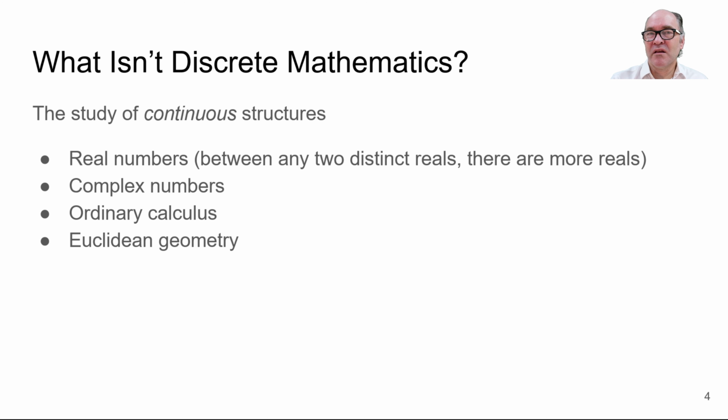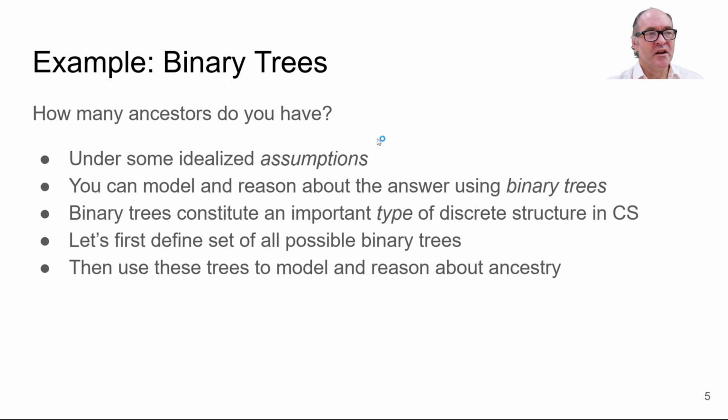And so ordinary calculus, most of algebra that you've studied in high school, Euclidean geometry, these are not subjects of study in discrete mathematics because they have mostly to do with these sets of objects that are continuously varying and dense. Okay, so I hope to have given you some sense of what we mean by discrete mathematics as opposed to the kind of mathematics that you've mostly been studying up until now.